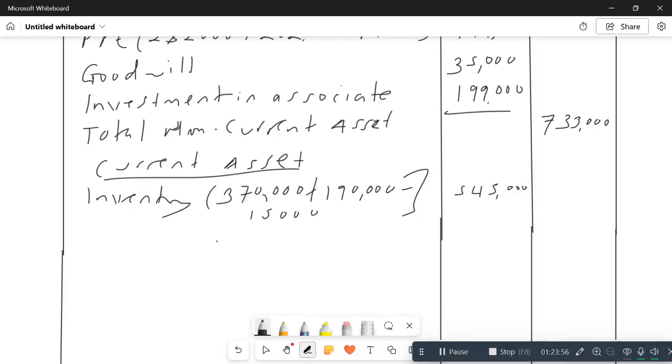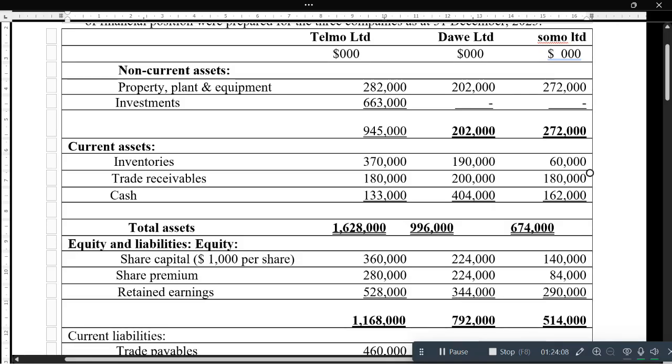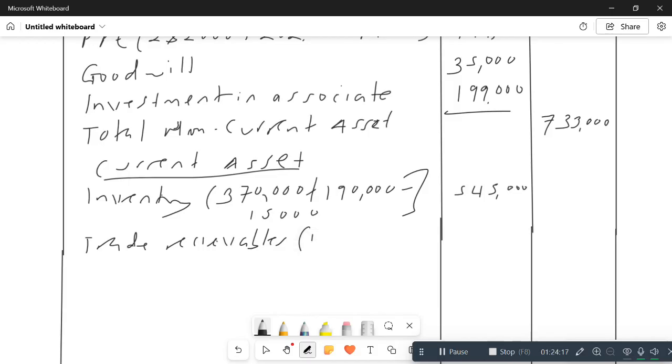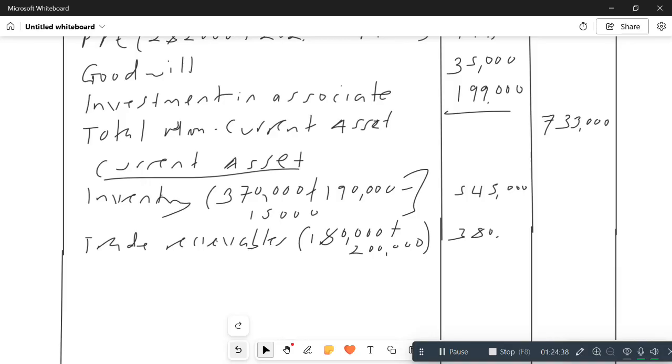Then we have trade receivables. Trade receivables, it is 180 under current asset plus 200,000. And you get 380,000.